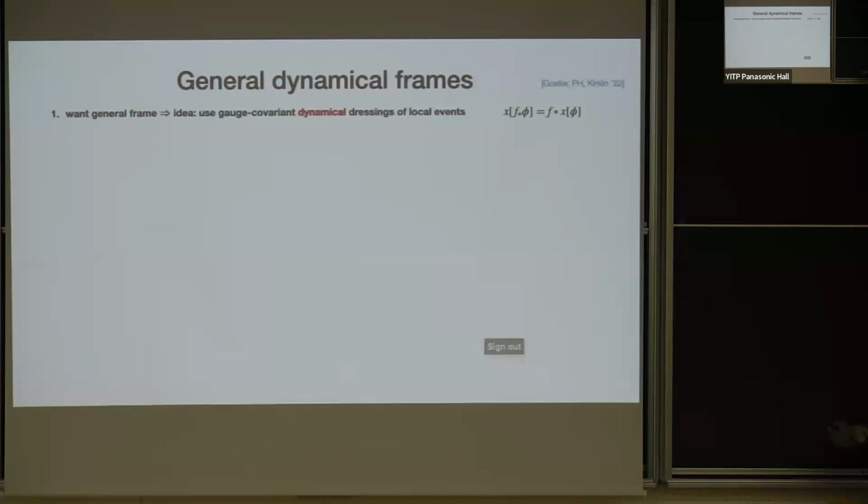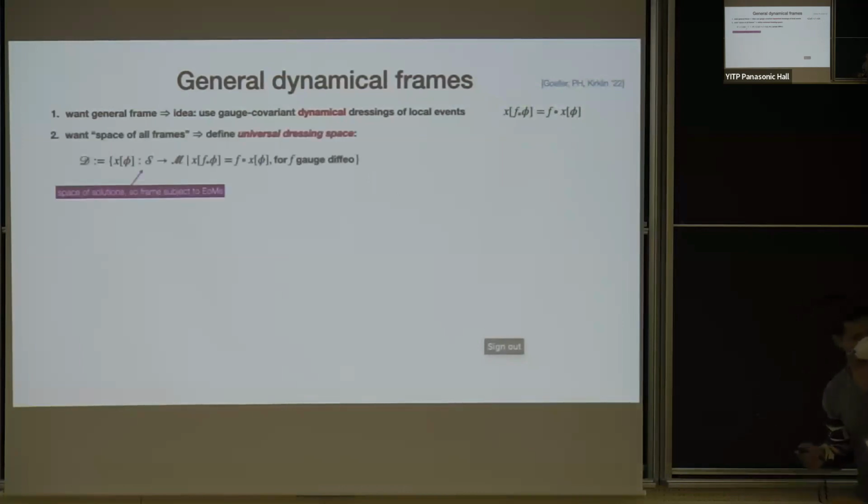It's a bit more abstract, but an abstraction of what I've just shown you. Basically what we want is, again, these gauge covariant dynamical addressings of local events in space-time, in the same way in which I discussed it earlier in the talk. And in general, there are many different ways in which you can do this.